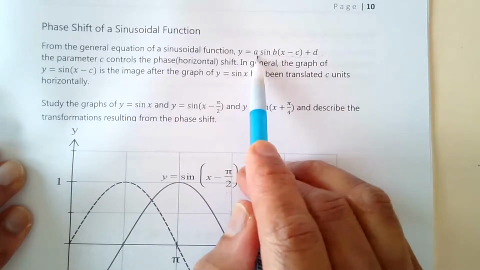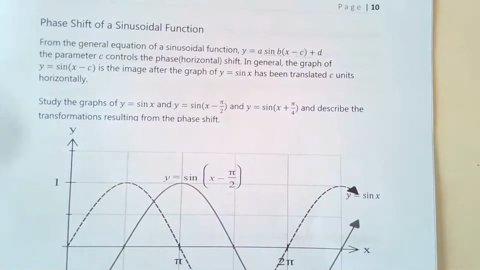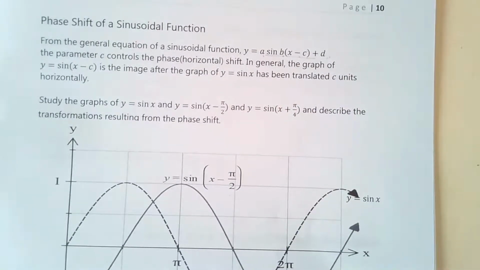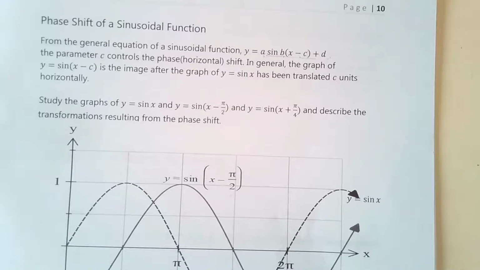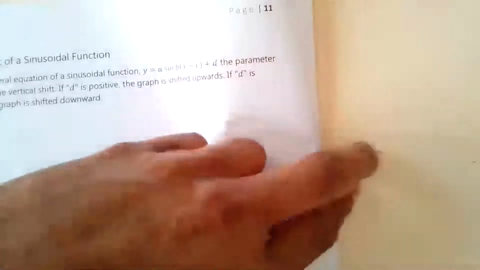The amplitude is your vertical compression or stretch. Your B is your horizontal compression and stretch. And remember, B is how many cycles in one circle, or 2 pi. So you want to complete this section for the next minute.